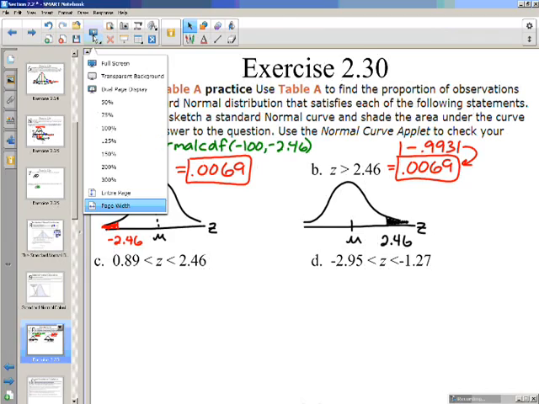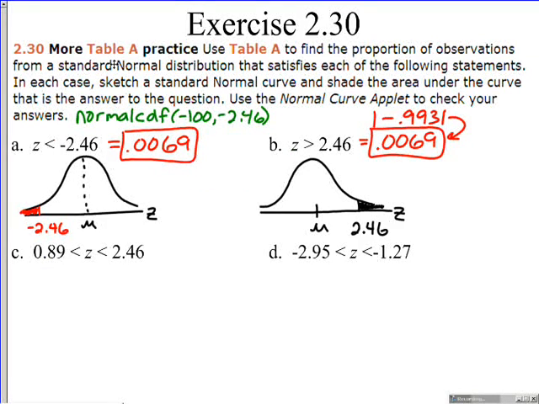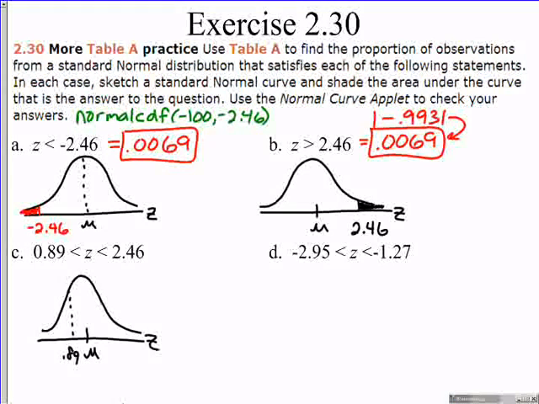Letter C, 0.89 up to 2.46. We're looking for that area right there.